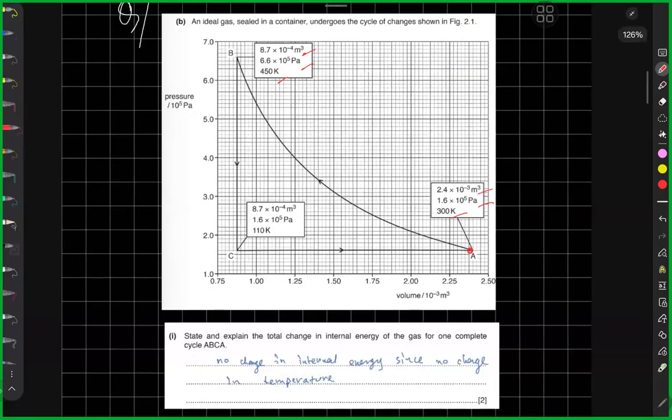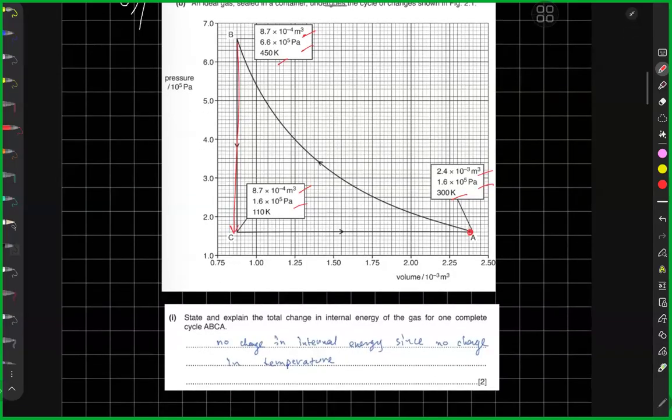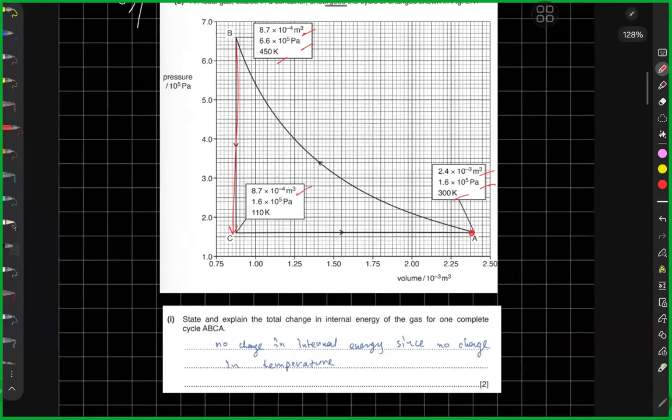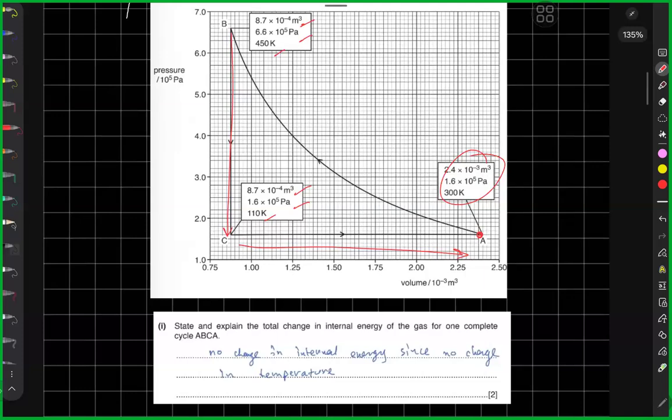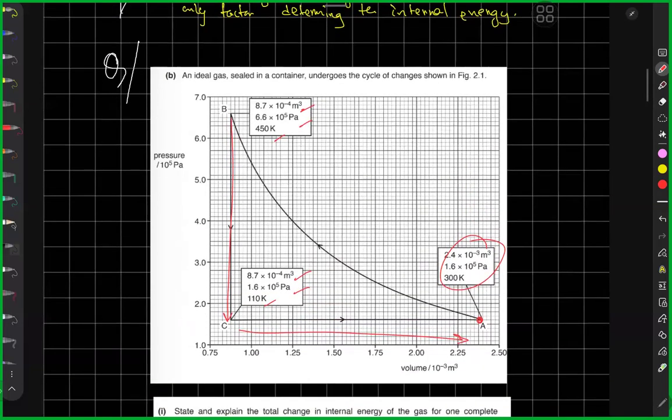Now it goes from B to C, where volume remained the same, pressure has decreased, temperature has decreased. Now from C to A, if it goes back again to this same state, what is the change in internal energy?